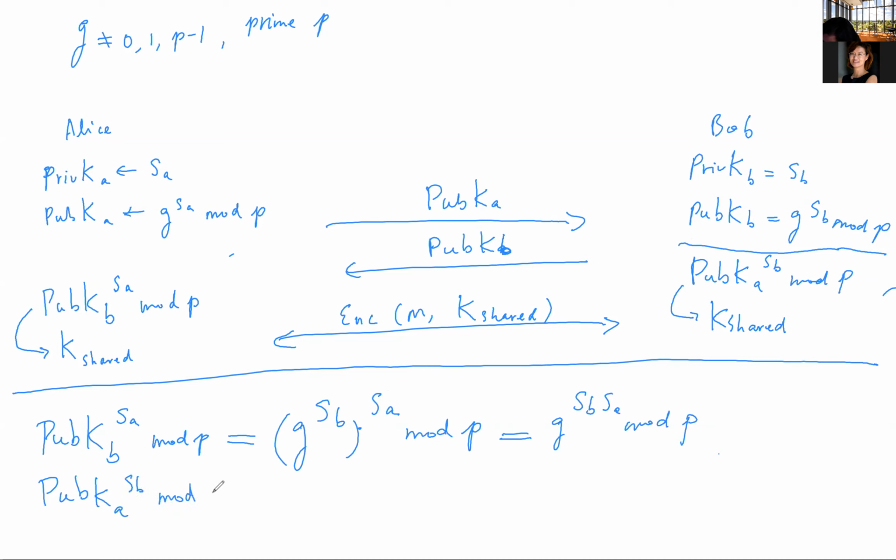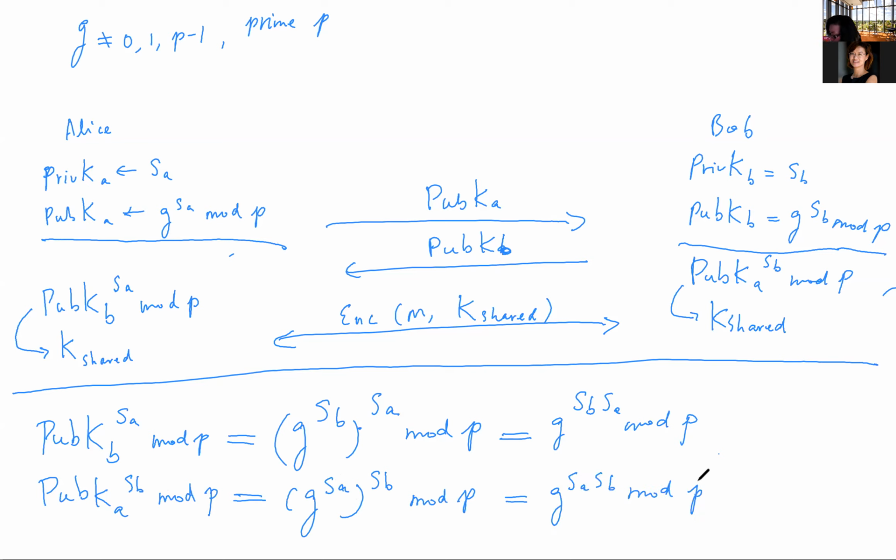For Bob, you can do the same thing. What is pub K A? Pub K A is G to the SA, so it's the same thing, the same key. Okay, so that's it.